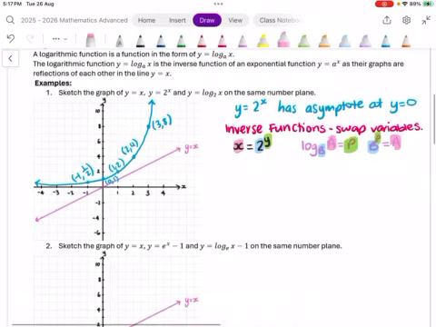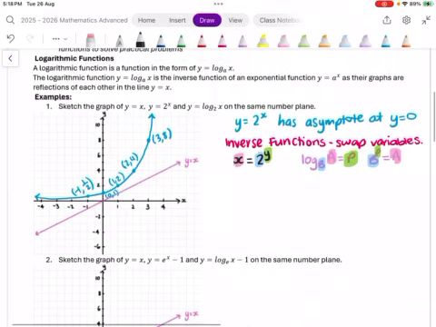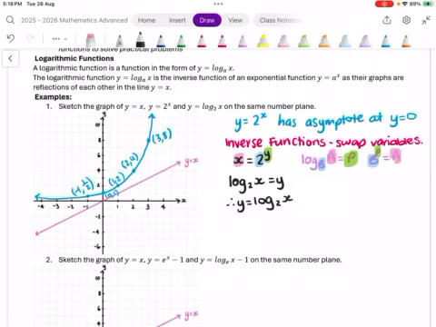So if we were to write the exponential, where we have swapped the variables to find the inverse function, in logarithmic form, what we'll get is log of our base 2 of our answer x is equal to y, which is y equals log base 2 of x, which is the function that we've been asked to draw. So this just shows and proves to you that we have inverse functions between our exponential and our logarithm.